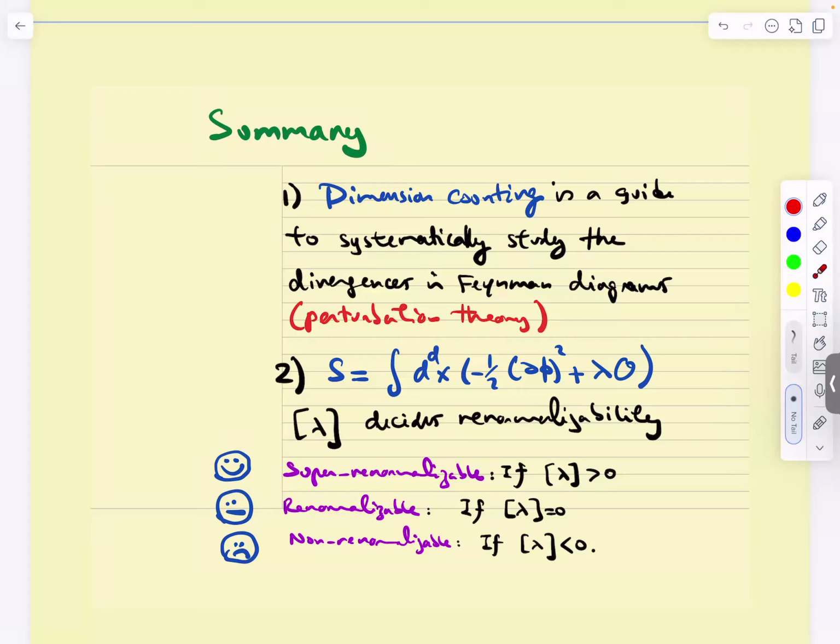Here is a lesson. I'm telling you in advance a little bit where we're going with this. We're going to see that when the theory is super-renormalizable, perturbation theory works really, really well. We will talk about renormalization, and we'll see that renormalization will systematically get rid of all the divergences properly, and everything is well defined and nice.